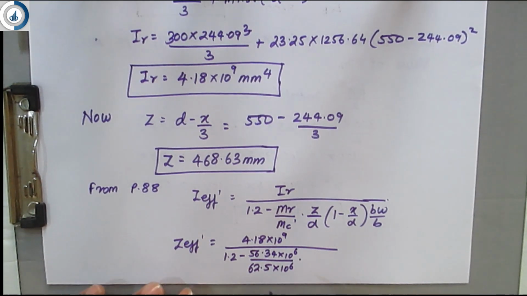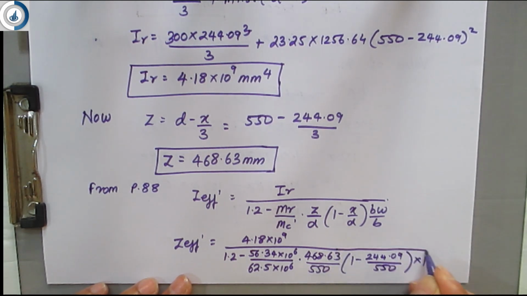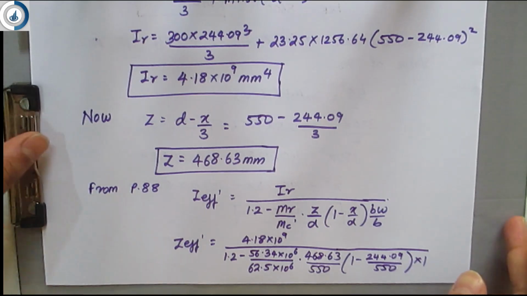Then Z is 468.63, divided by D 550, 1 minus X is 244.09 divided by D, which is 550, and BW by B is 1.